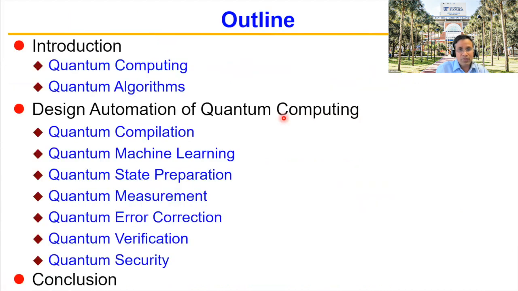So what I'm going to present today, here is a brief outline in the interest of the audience. For those of you who are not from the quantum computing domain, what is it in layman's terms? And then I start with a quantum algorithm and talk about how we can take that quantum algorithm through different design automation steps. What are the primary challenges in this presentation? As you know, you are probably attending a lot of talks, and you already know that there are a lot of researchers working.